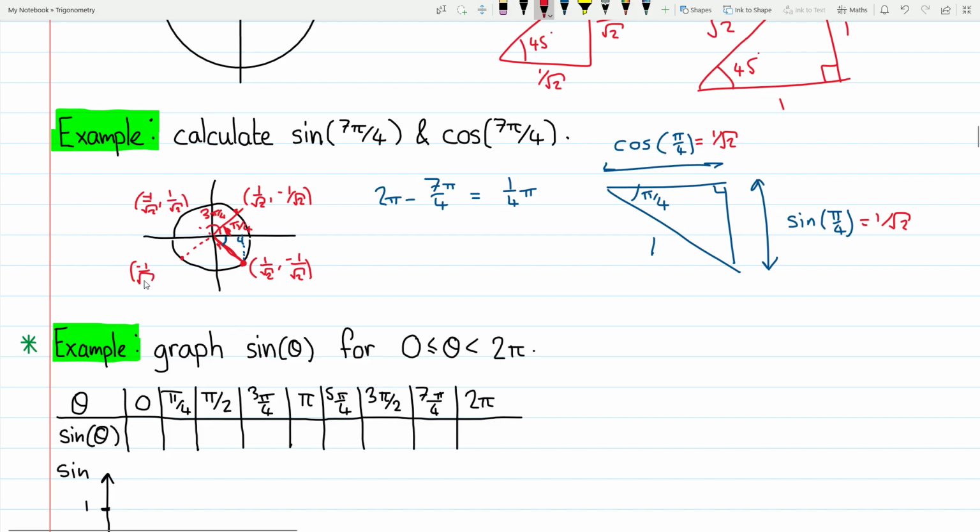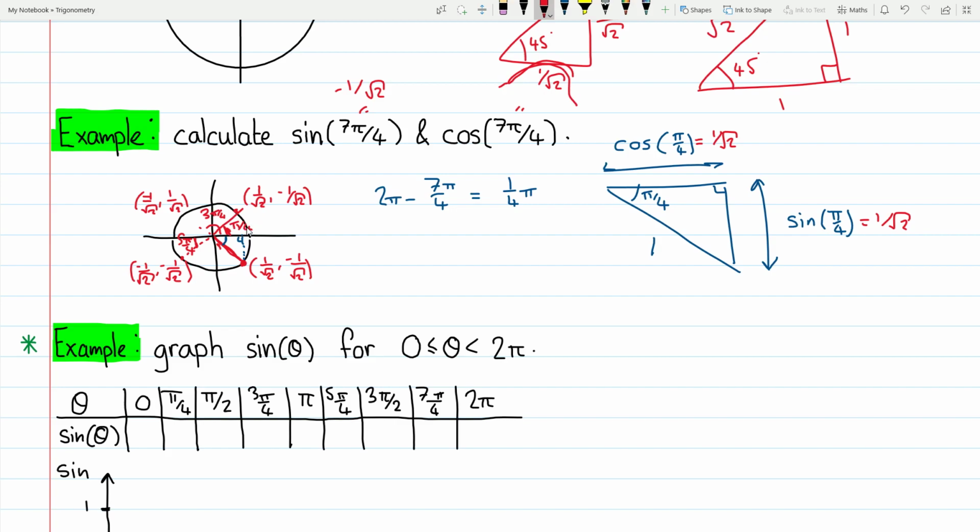So the width is negative and the height is also negative. So we have this nice symmetry. What's this? Well, this is pi plus pi on 4, so that's going to be 5 pi over 4. At this point, we've already calculated what these are. This is the coordinate here, negative 1 over square root of 2, and over here this is that.